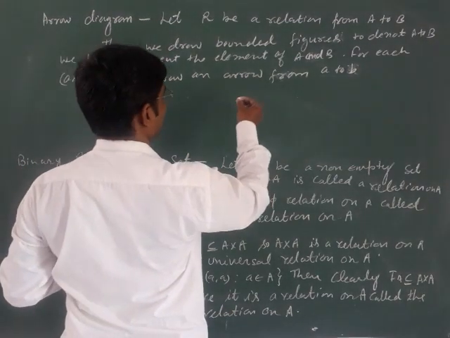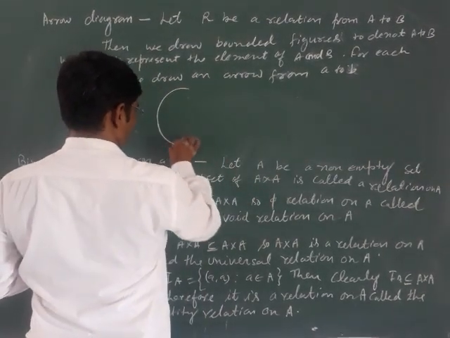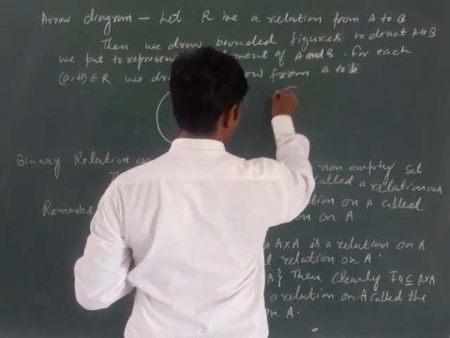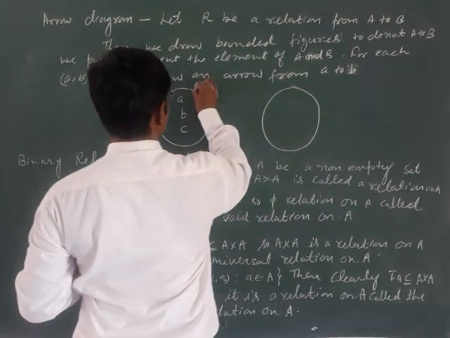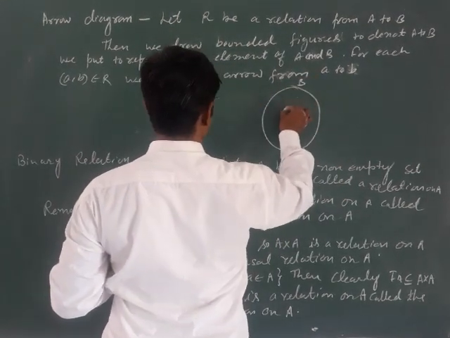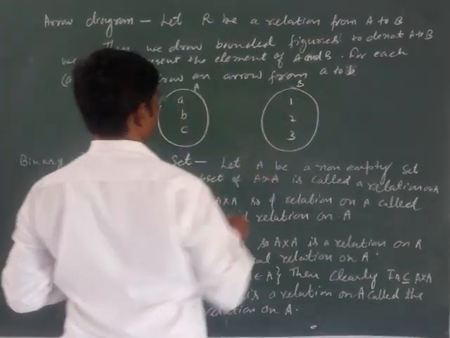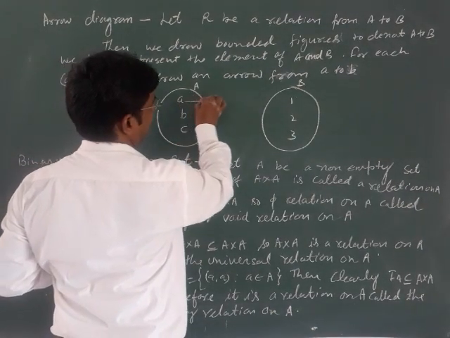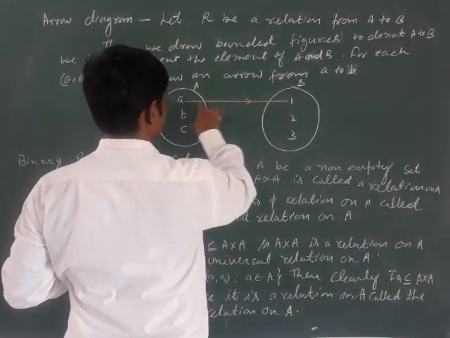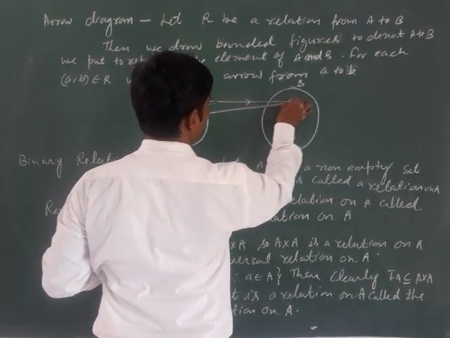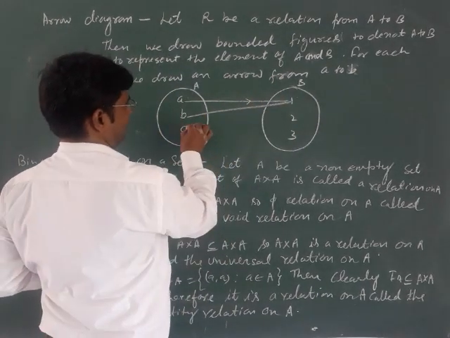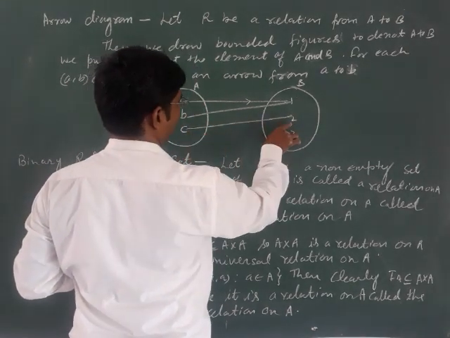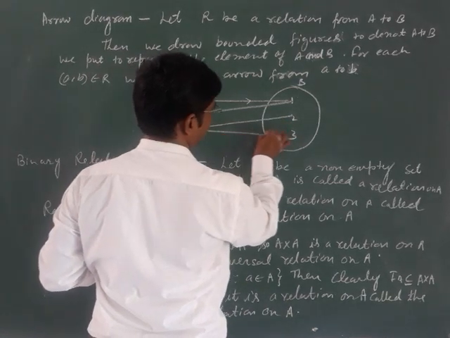So now set A has elements a, b, c, and also another set B. So this is set A, this is set B. B has elements 1, 2, 3. Now the arrow diagram: a is related to 1 and b is related to 1 also, and c is related to 2 and c is related to 3.